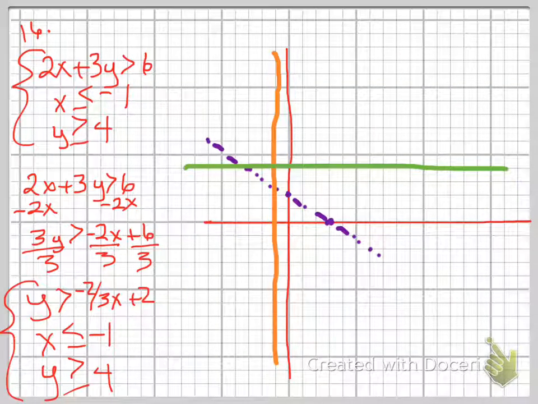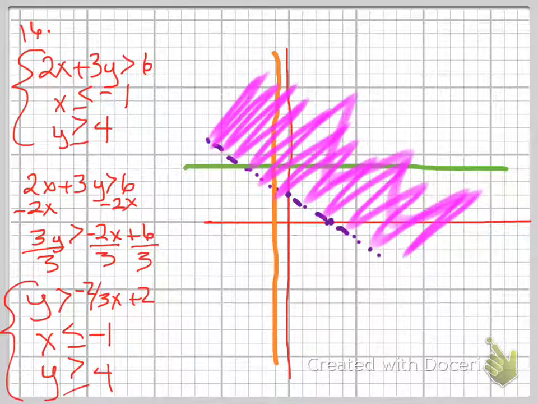Now, let's do our highlighting, our shading. For y is greater than negative 2/3 x plus 2, it is greater than, so I will highlight above the line.